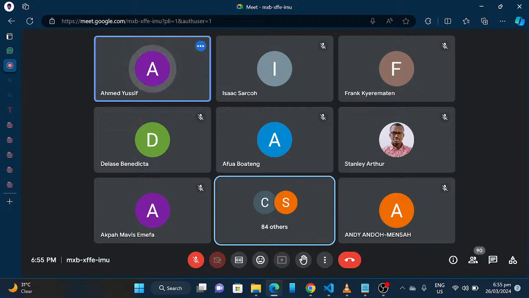So when you give warfarin, what warfarin does is it inhibits vitamin K epoxide reductase.